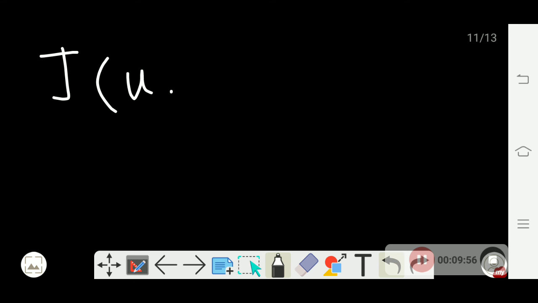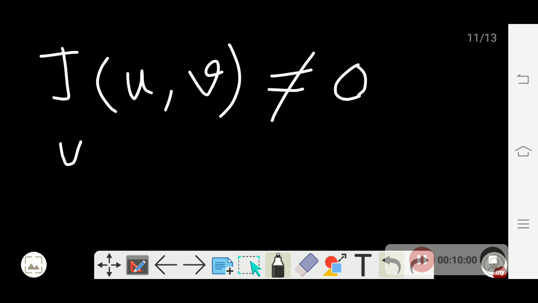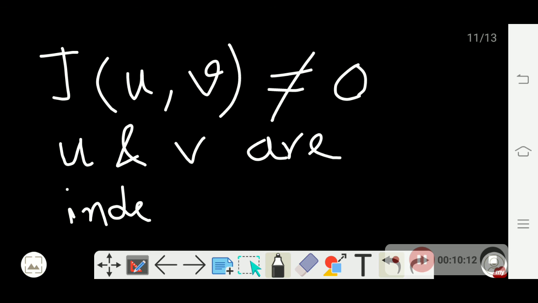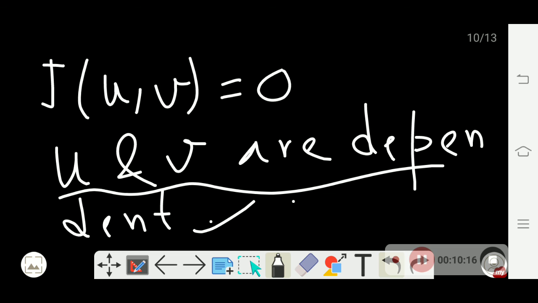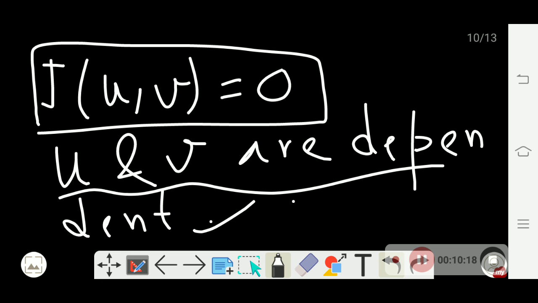If the Jacobian is not equal to 0, u and v are independent of each other. So this is the condition for vanishing of the Jacobian, that the Jacobian of u and v is 0.